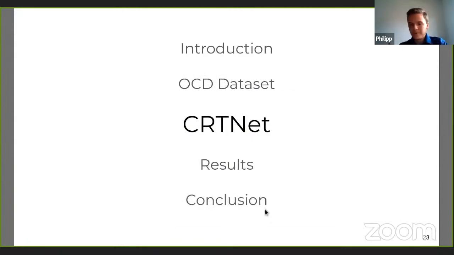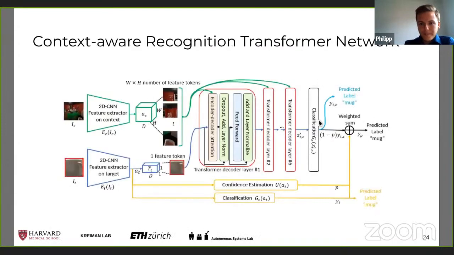Okay, so let us now transition to the computational model. Here you can see a schema of the entire architecture of our context-aware recognition transformer network. And I'd like to go through this step by step. Of course, interrupt me at any time.